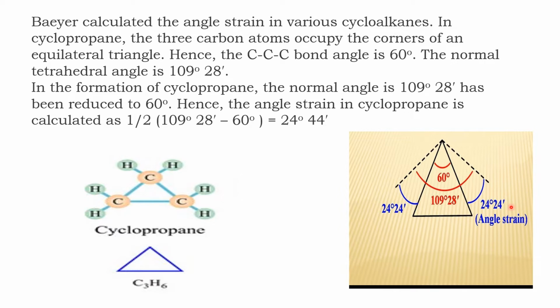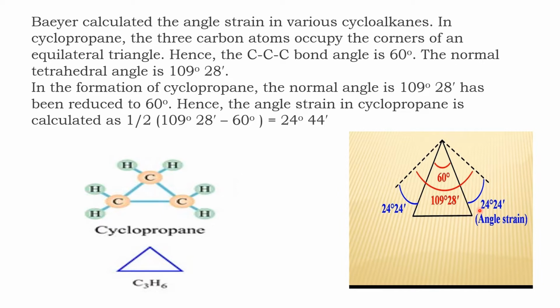Now see here, we are going to calculate the angle strain for cyclopropane. See here we have CH2, CH2, CH2 groups in the corners of this triangle.